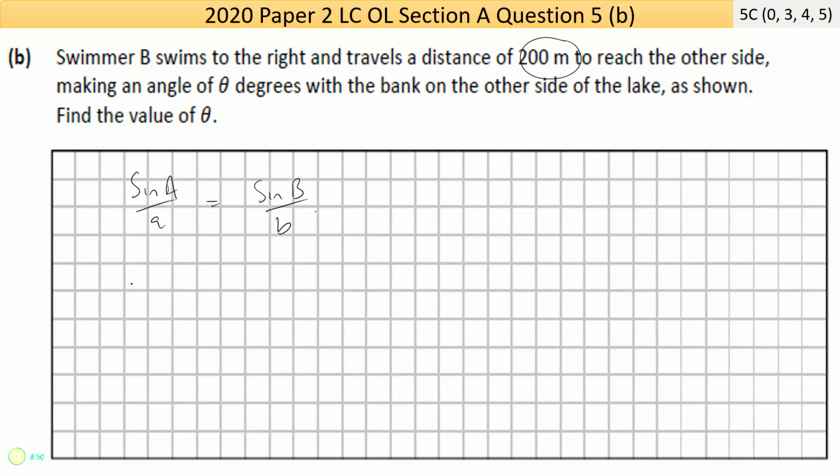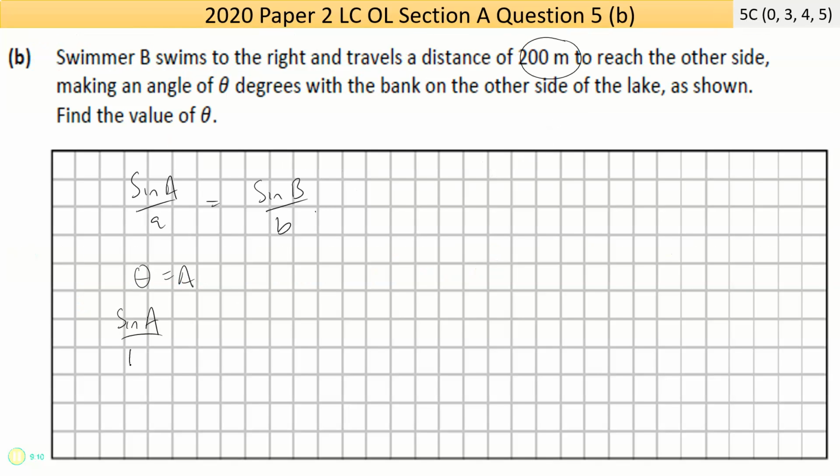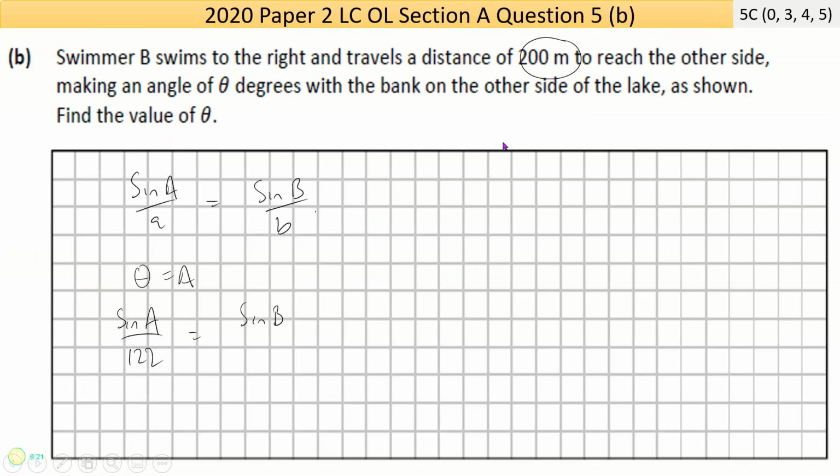My angle A, or theta, equals A, so sine A is what I'm looking for. If I go back to my diagram, this 122 I just found, if I'd gone wrong, would be fully accepted as correct. And then sine B, if I go back, is 55, relating to 200.